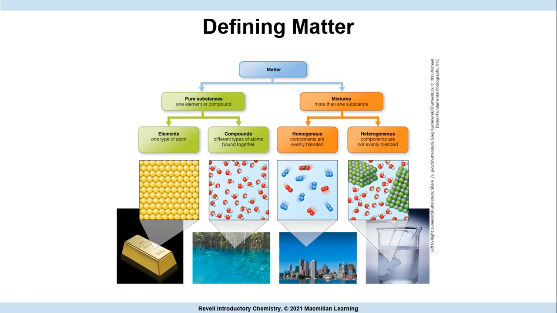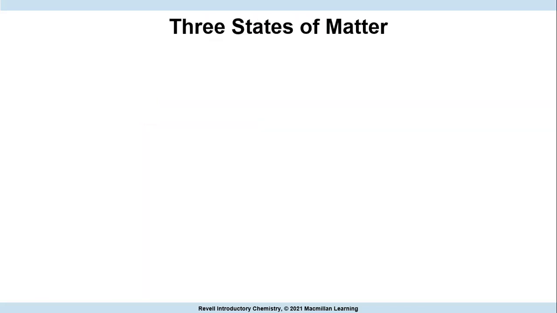For example, mixing water, which is a pure substance, and sodium chloride, which is a pure substance. If you mix them, you are going to obtain a mixture because the composition will not be fixed. The amount of sodium chloride that you put in water can be varied. So that makes it a mixture. You can take two pure substances, mix them together, and obtain a mixture.